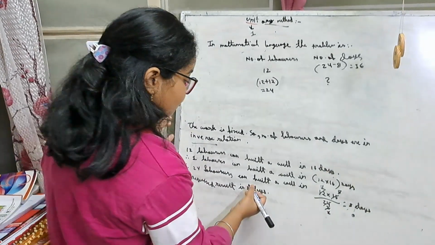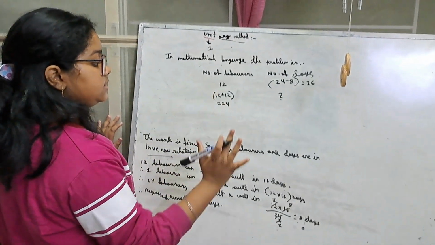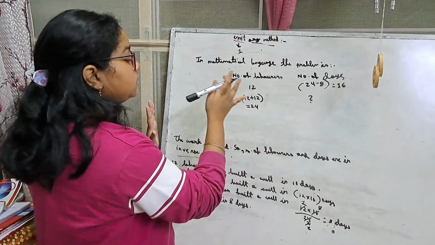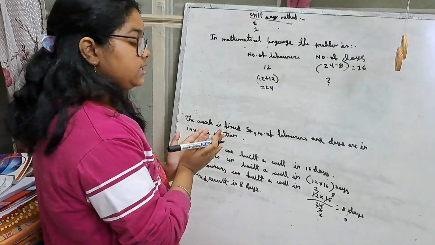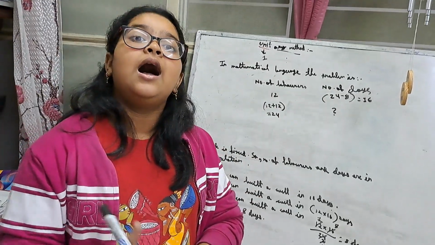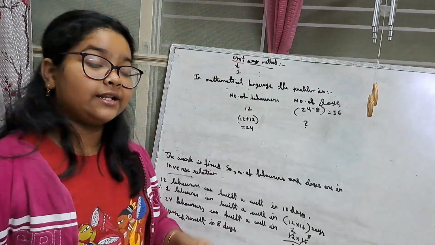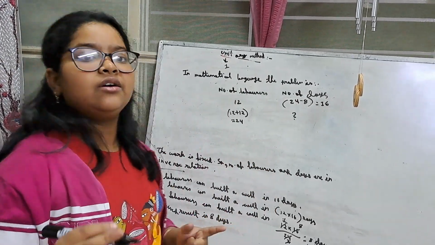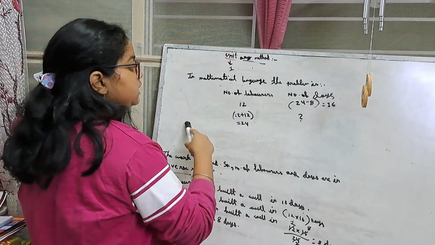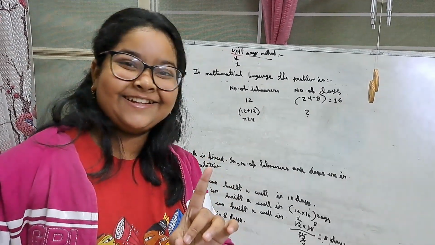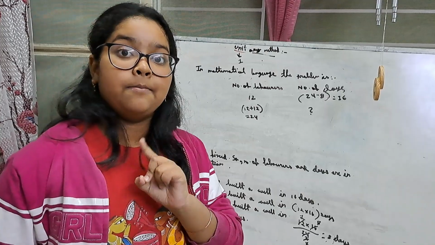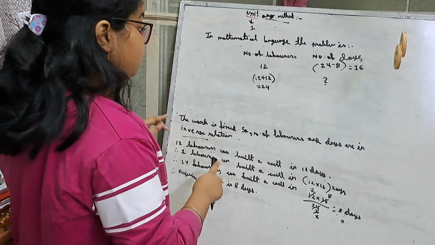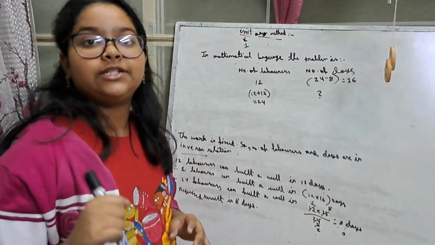So this is the sum of this whole point. I mentioned earlier that this was the last sum, but I want to give you another sum, because in that sum we will learn about the direct relation.